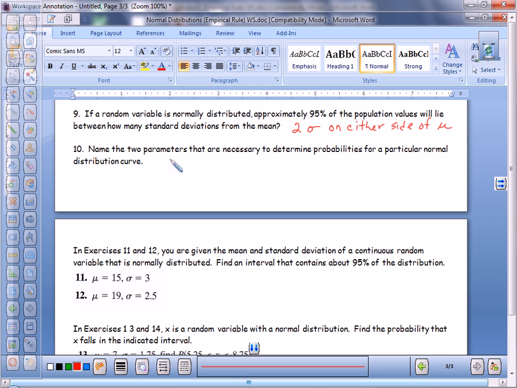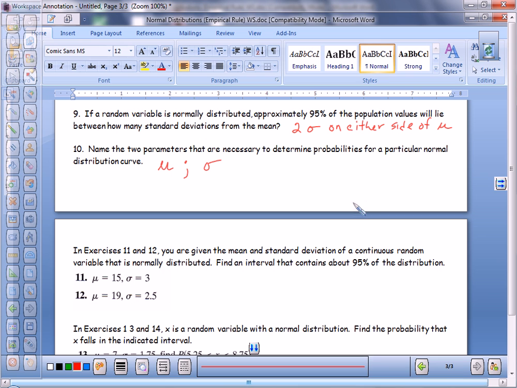Name the 2 parameters that are necessary to determine probabilities for a particular normal curve. What are the 2 things we need to know to be able to create that normal curve? We need to know the mean, and we need to know the standard deviation. Those are the 2 we need.